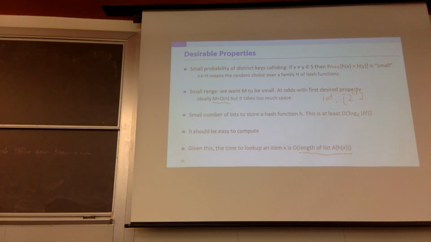Okay? So when we do analysis, if you have a hash function and a bunch of elements from your universe, sometimes you can perceive that as a random function, although it's not truly random. So since it's random, this number is typically an expectation rather than a worst case analysis.